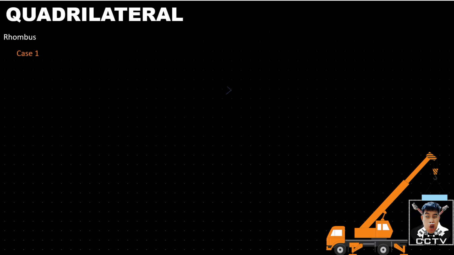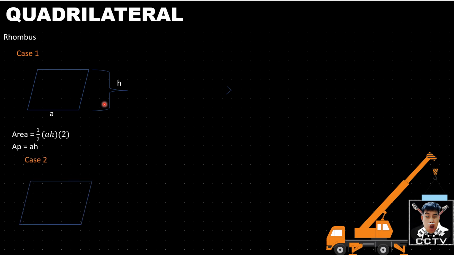Now, the rhombus. Basically, a rhombus is a parallelogram but with equal sides, like a square. If this is A, the sides are also A. So we use case 1, base times height, and you'll get A times H. Case 2 is when two sides are given.